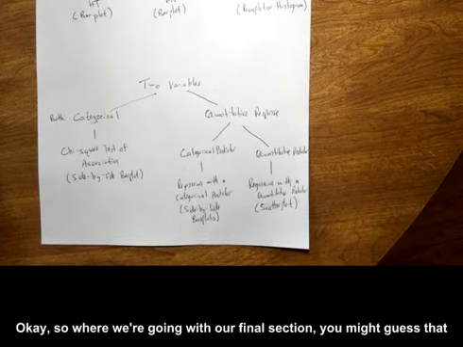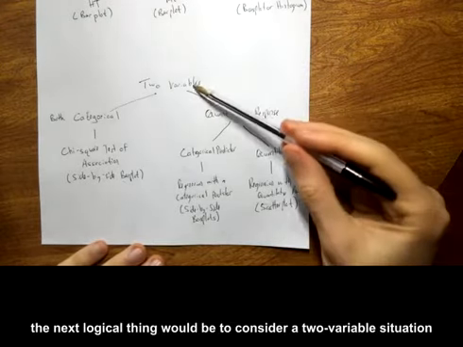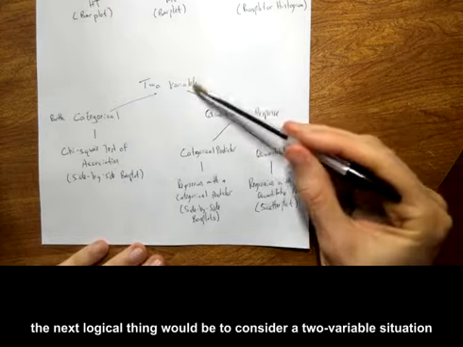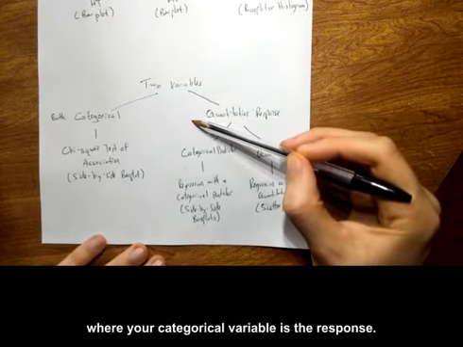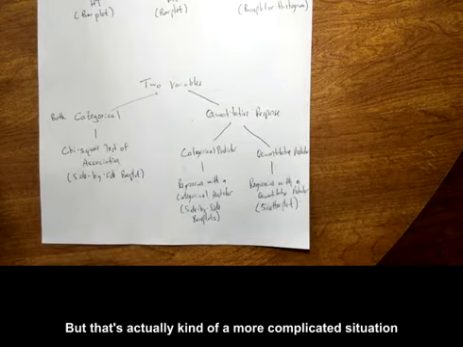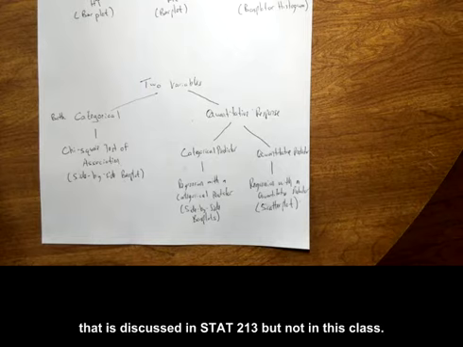Where we're going with our final section, you might guess that the next logical thing would be to consider a two-variable situation where your categorical variable is the response. But that's actually a more complicated situation that is discussed in Stat 213, but not in this class.